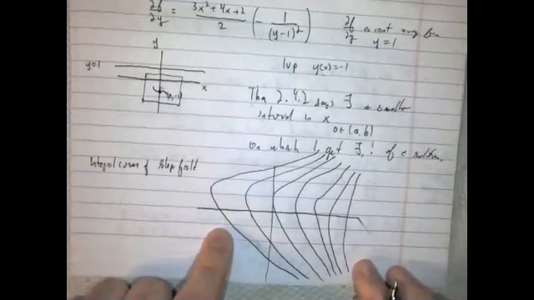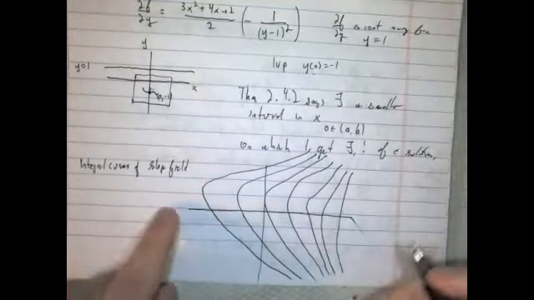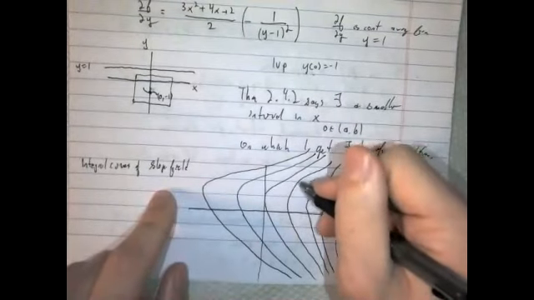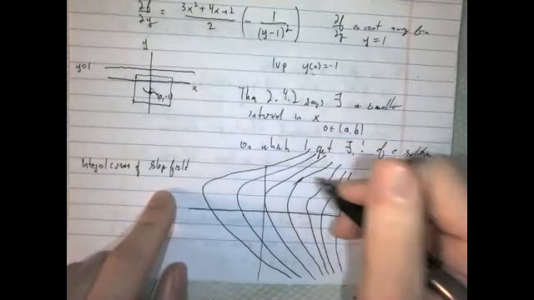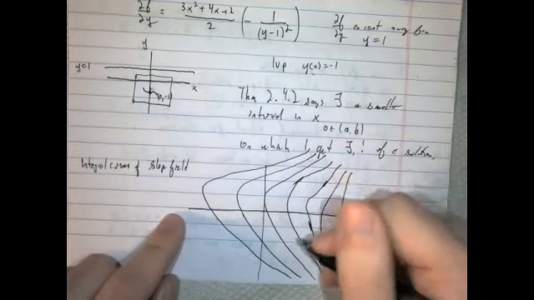Is it understandable what I mean when I say that this is the slope field? If I pick any point, the slope field lies tangent to the integral curves that I've drawn. Is it okay?